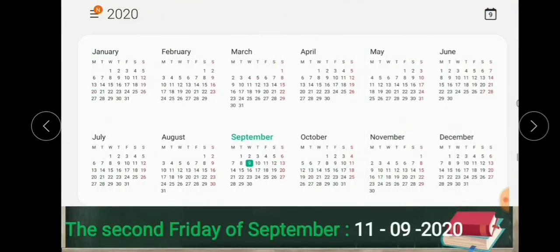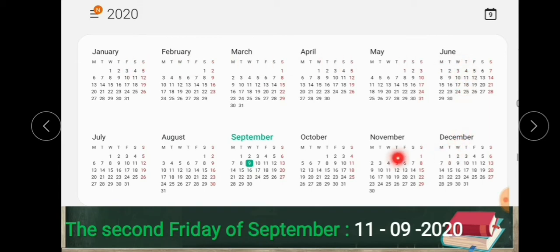Then our second topic, how we read a date in a calendar. We have to find the date of the second Friday of September. So look at the calendar.